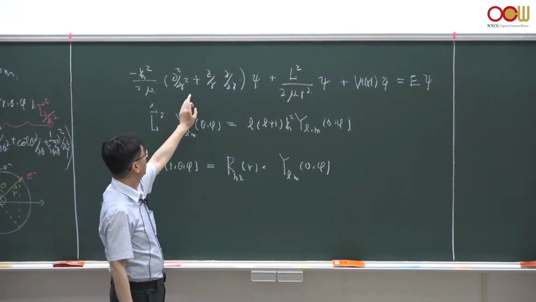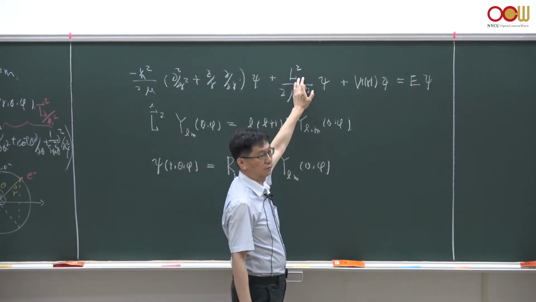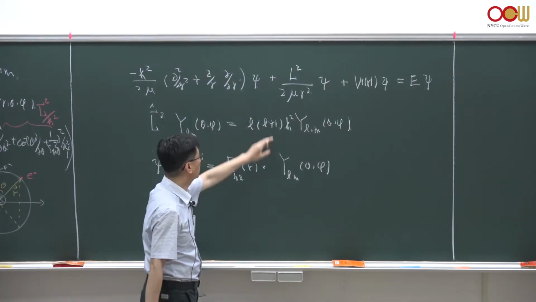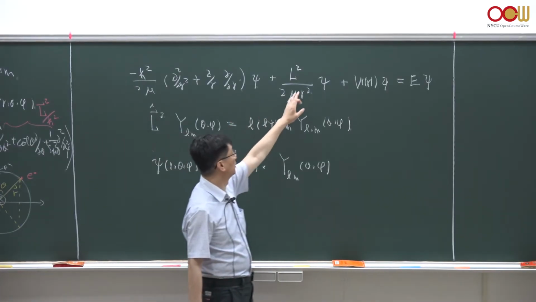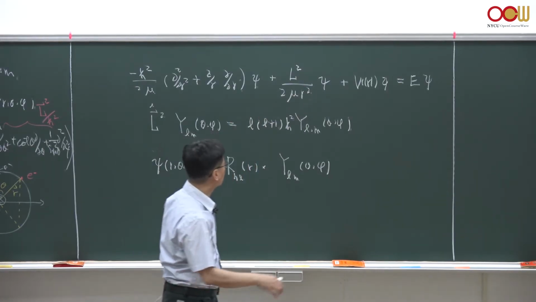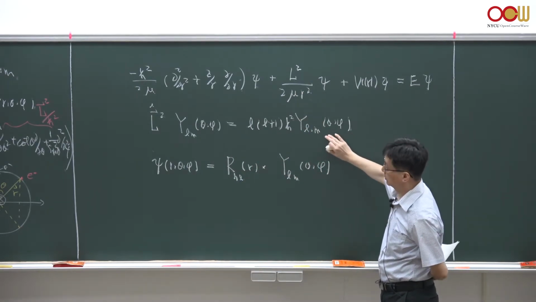One is a pure function of r, another is a pure function of theta and phi. Of course, there is the 1 over r squared, but this doesn't play a role when you just study the eigenstate of L squared. So we know that this Y_lm is the eigenstate of L squared.